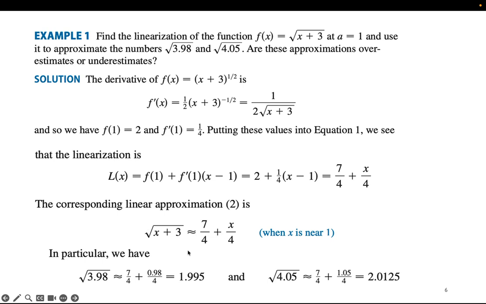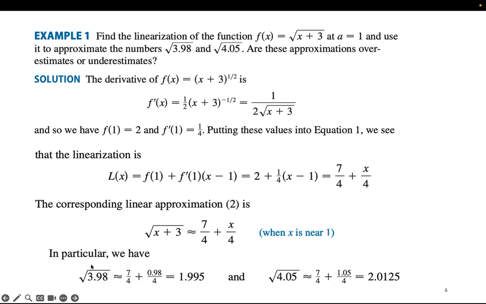And so for example, when x is 0.98, which is close to 1, when you plug in 0.98, you get root of 3.98. And we know that this is very close to the tangent line. So instead of doing this square root, which is hard, we can use a much simpler function, which is a linear function. So again, square root is hard to do.